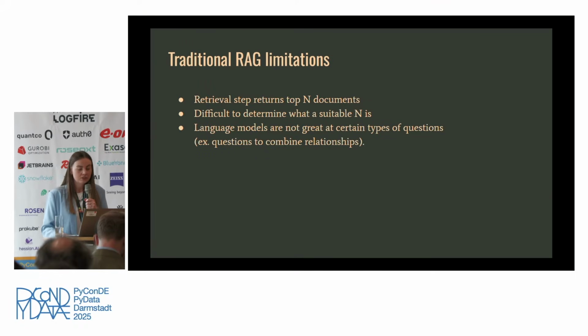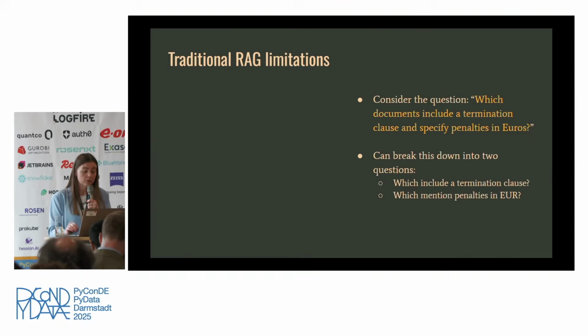But in reality, when we are trying to return the top n chunks of the documents, top 10 to top 20, it depends, it is very difficult to understand up front what the most suitable number of chunks or documents is. And also, when we need to combine and understand some relationships inside your documents, RAG and LLMs could be not great at certain types of questions.